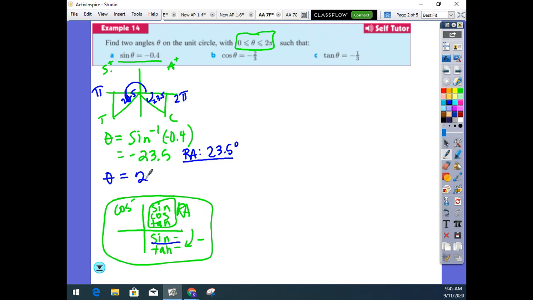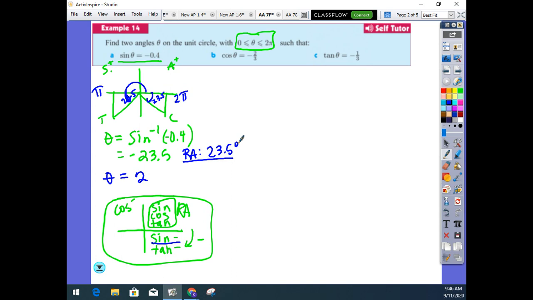oh, whoa. I'm using my regular calculator. We've got to be in terms of radians, guys. Sorry, let me get my real calculator. So that's the degrees. Notice I haven't put degrees and I said it's in radians.